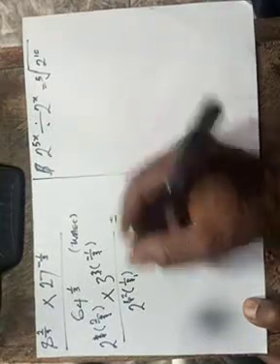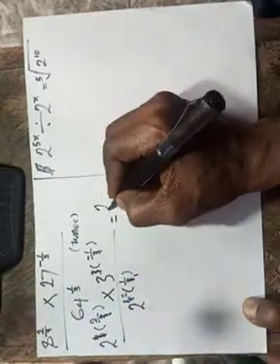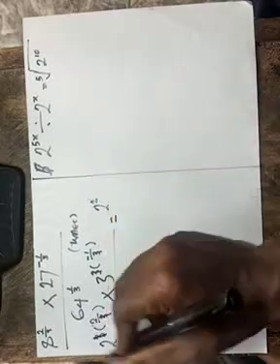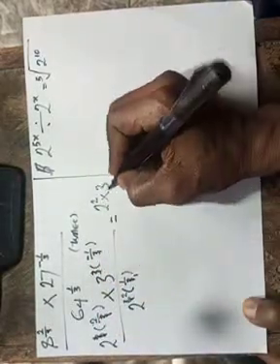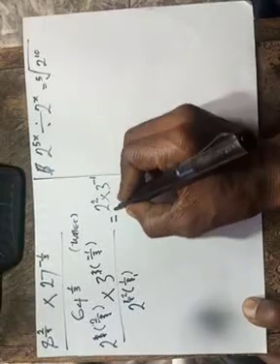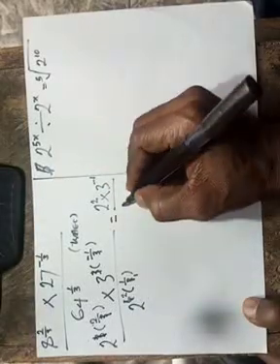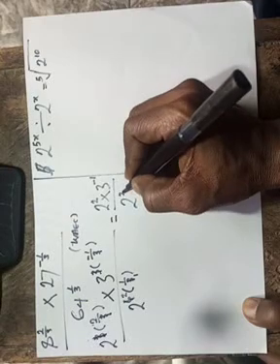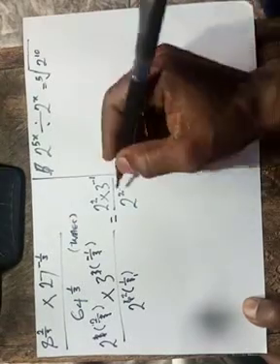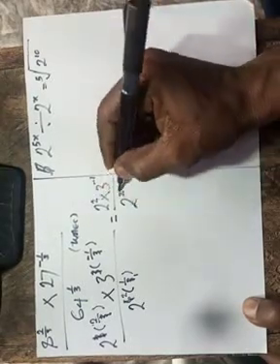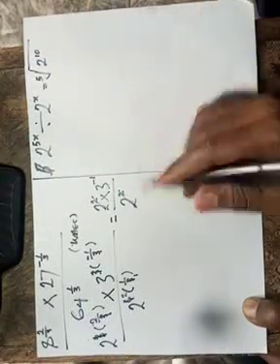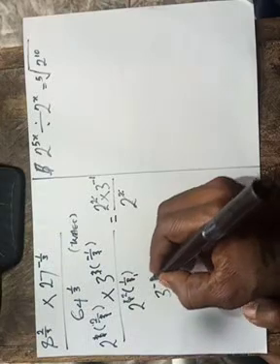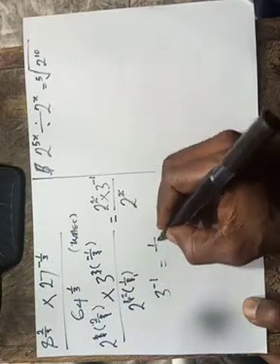So here, we can have this one as 2 raised to power 2, multiplied by 3 raised to power minus 1, over 2 raised to power 2. Now you see we have the same thing here, so this can cancel this. Then you will be left with 3 raised to power minus 1, which is the same thing as 1 all over 3.